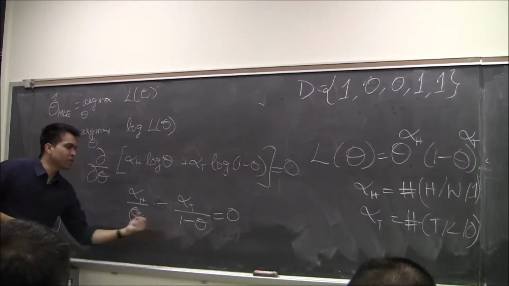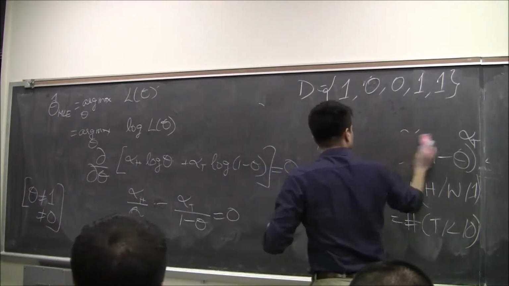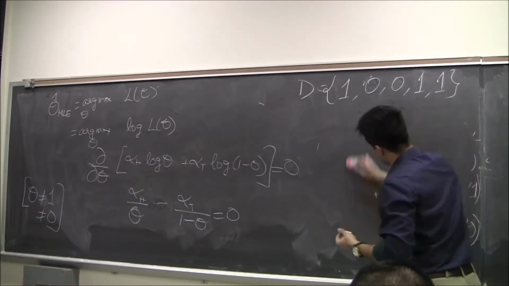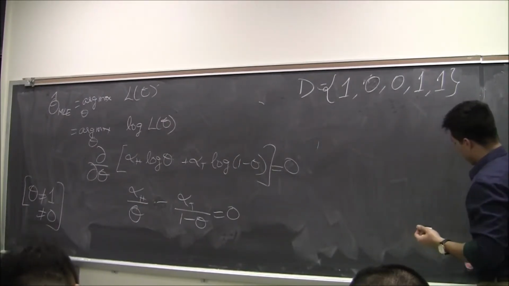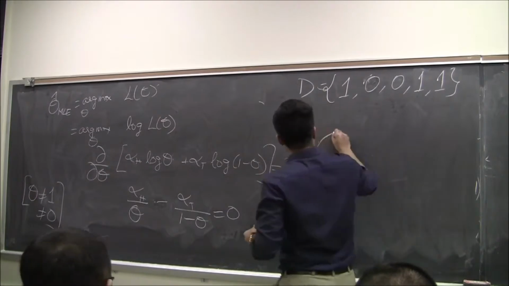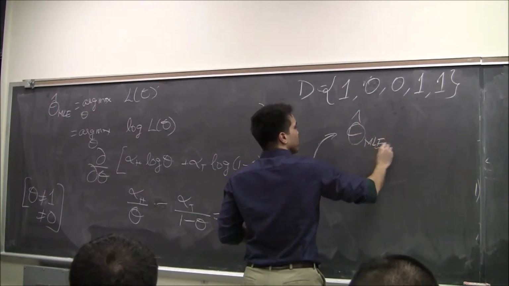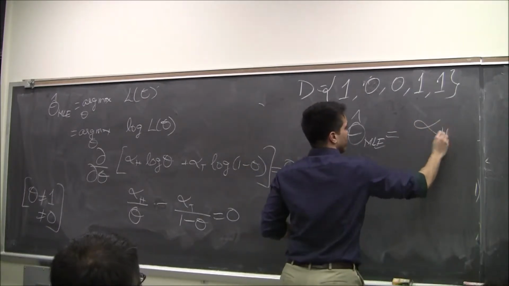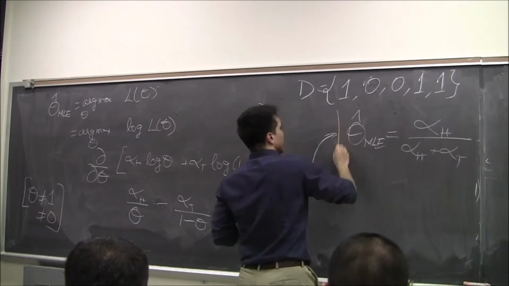So I've just set the first derivative equal to 0, and that gives me the standard result. Theta hat MLE equals alpha heads by alpha heads plus alpha tails.